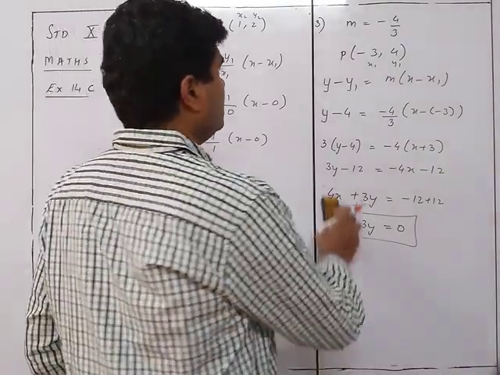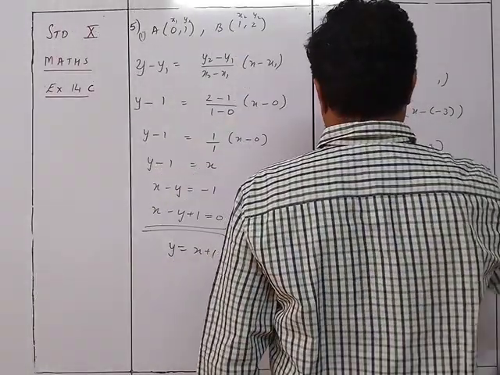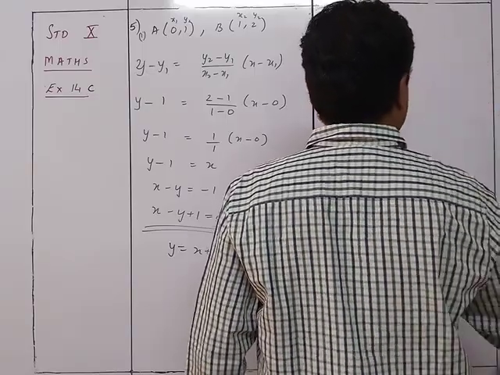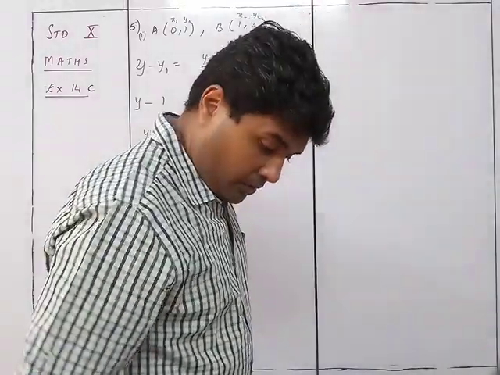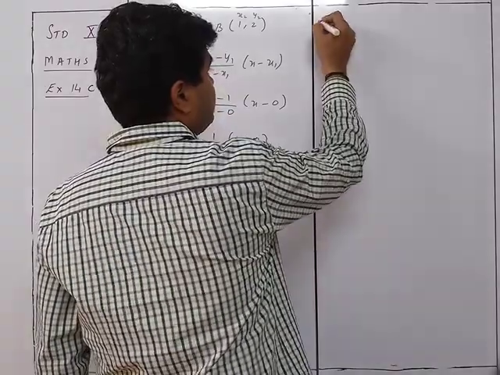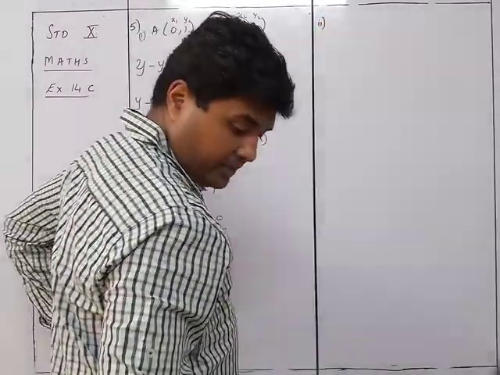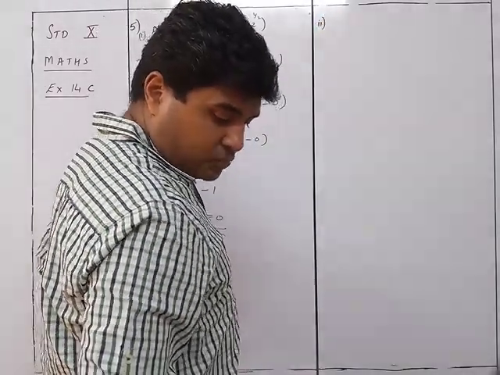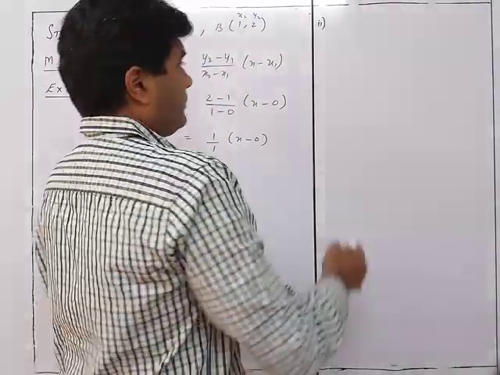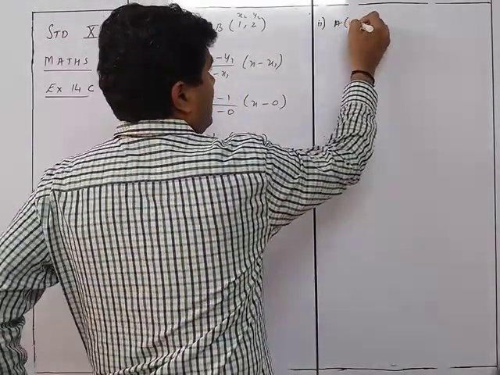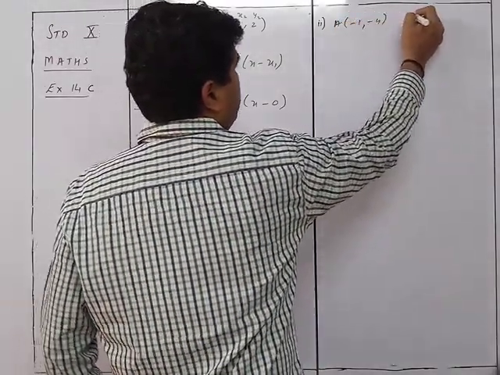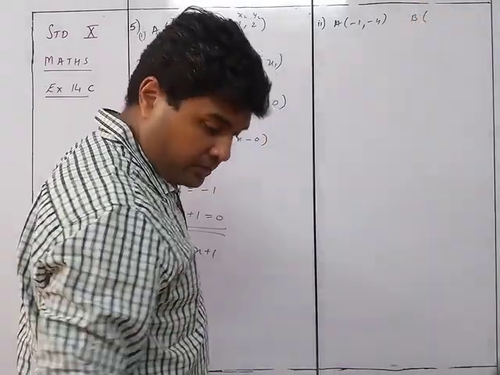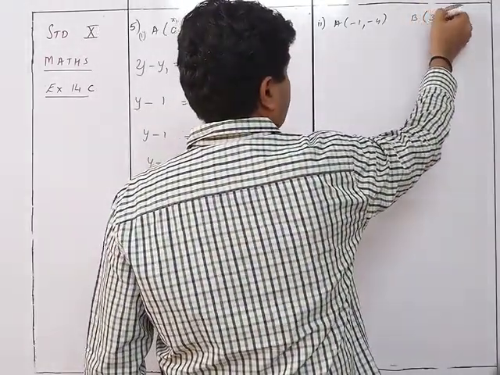We move next to fifth ka second. We are given the 2 points. So second part is we are given the 2 points: A is minus 1, minus 4 and B is 3, 0.